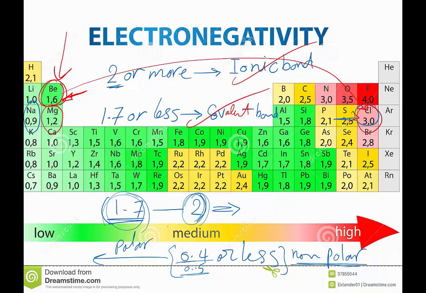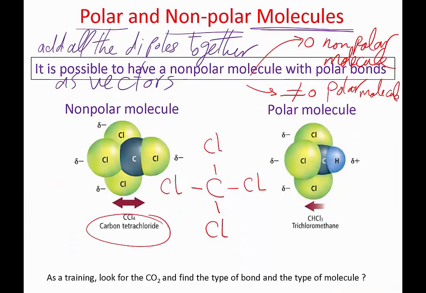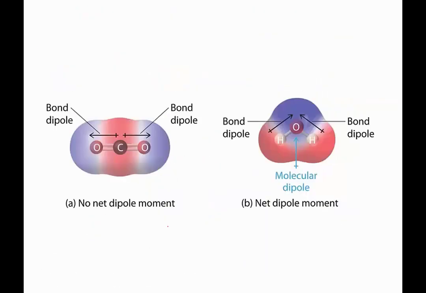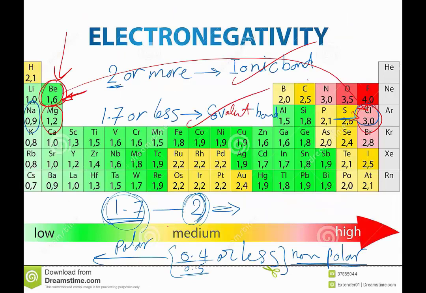Okay? So anyway, we were talking about the chlorine and the carbon. Carbon and chlorine. Which one is stronger? Which one has more electronegativity? Chlorine has more electronegativity. It has 3, while the carbon has 2.5.